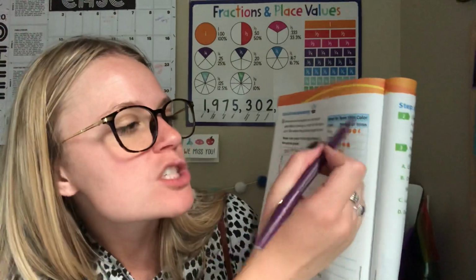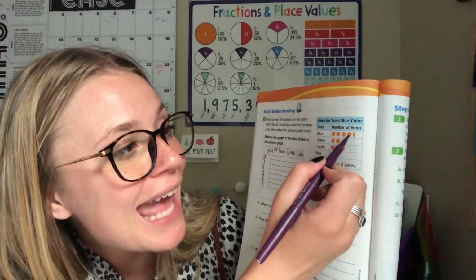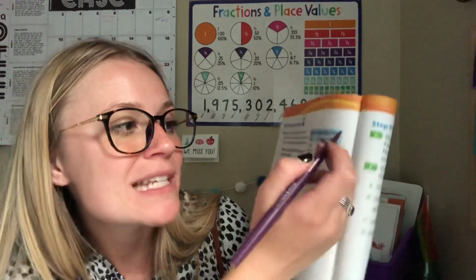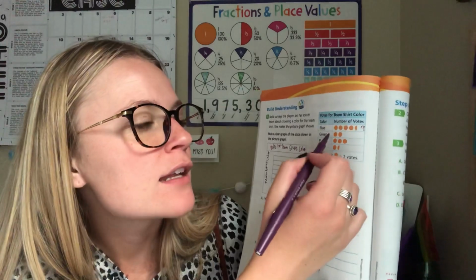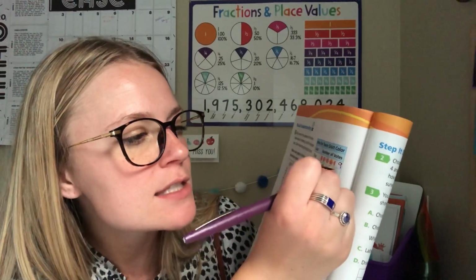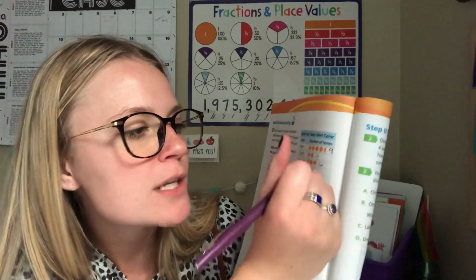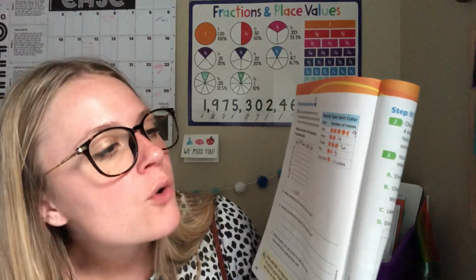But we'll check. So the blue is 2, 4, 6, 8, and then 8 plus 1 is 9. Okay, and then green is 2, 4, purple is 2, 4, 6, and red is 2 plus 1 is 3. That was silly. Okay, so now I'm looking at 9, 4, 6, and 3.